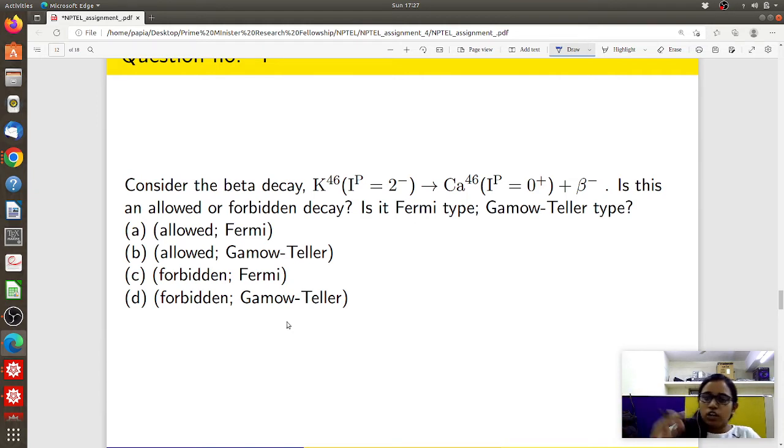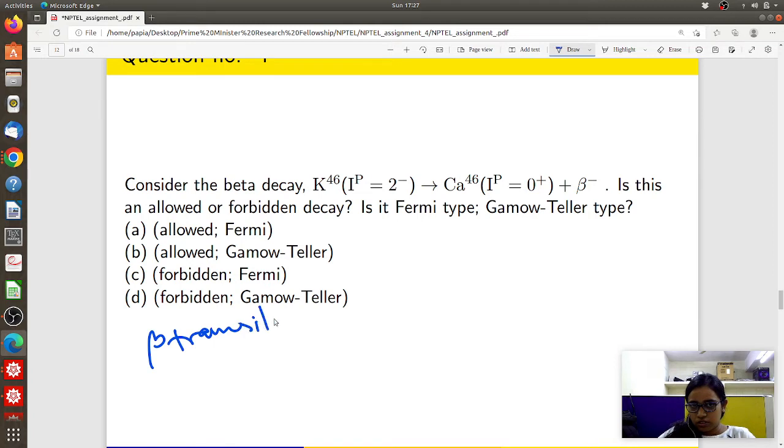Okay, so in that beta transition, there are two types of interaction. The first one is Fermi and the second one is Gamow-Teller, as you already see in that question. So what is Fermi and what is Gamow-Teller type?